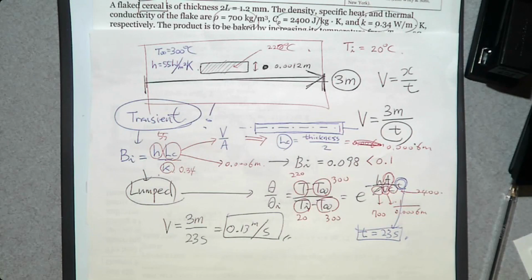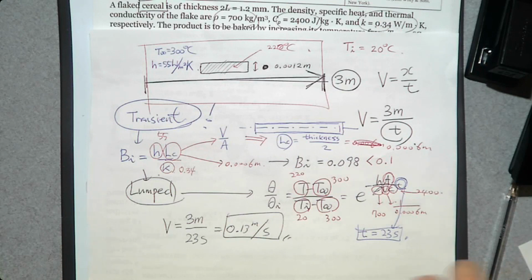Then you can manufacture this cereal faster to save money. How can you make it faster? You can make it thin, so that the time required to increase the temperature of the center of the cereal to 220 can be shorter.